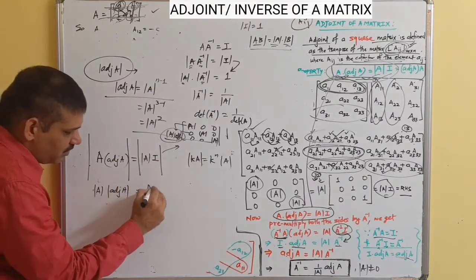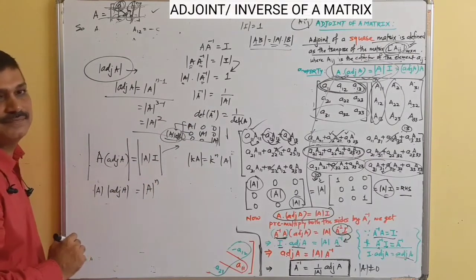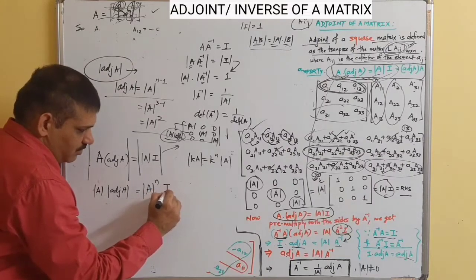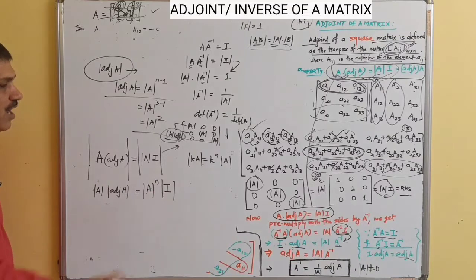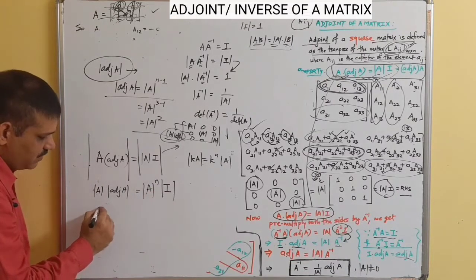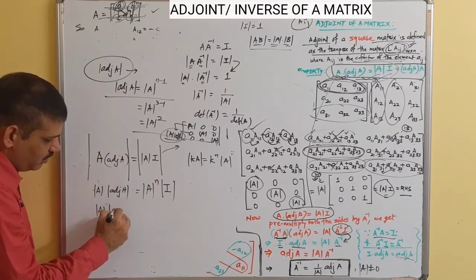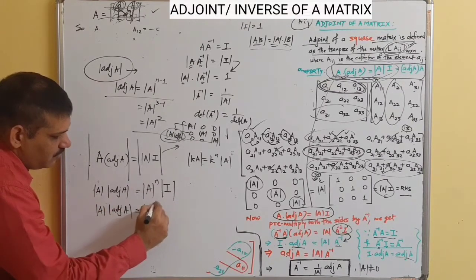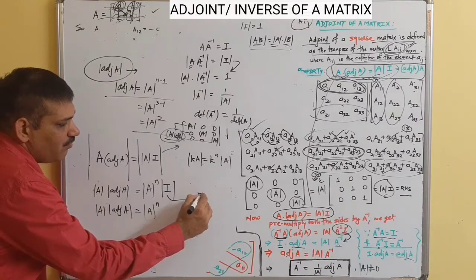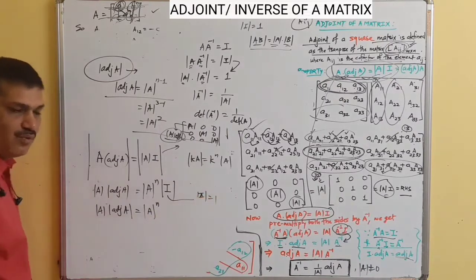So this will give me determinant A raised to n times the determinant of I. Now you can see the determinant of I is 1. So determinant of A into adjoint A is equal to determinant of A raised to n, because determinant of I is always equal to 1.